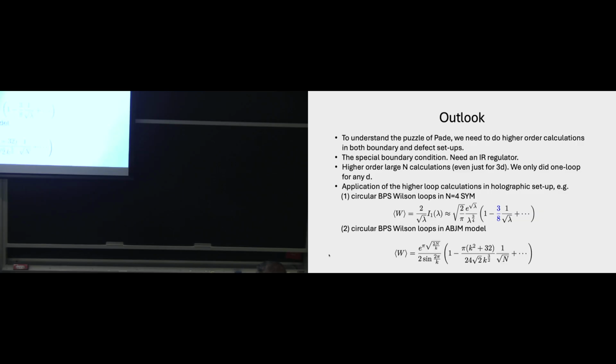Similarly, we can consider the BPS Wilson line in ABJM, and this is just tree level, this is the one loop. We should be able to recover this term by using two-loop calculations.